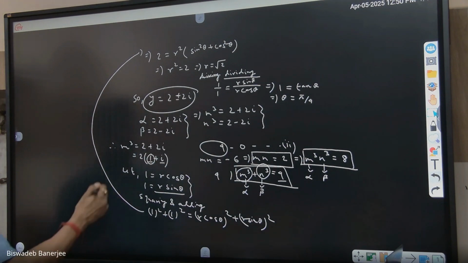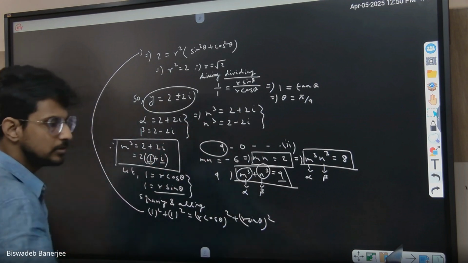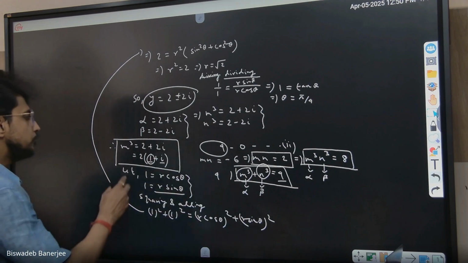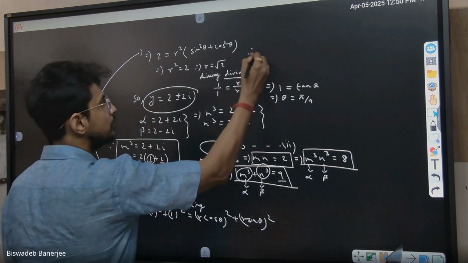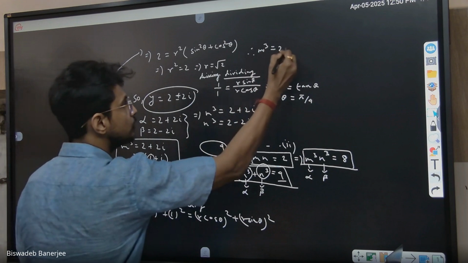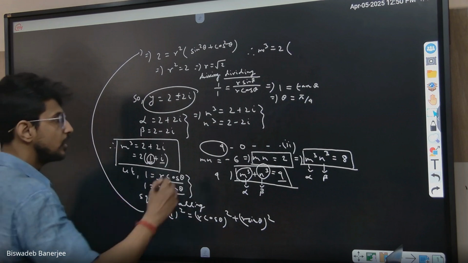Now our objective is to find n cube. Similarly, we can find n cube in exactly the same way. So my n cube is 2 into (1 is equal to r cos theta).